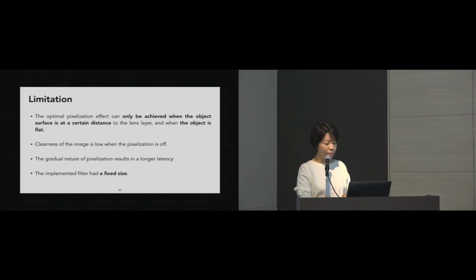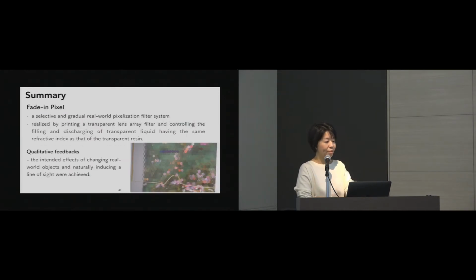Second, there is a problem concerning the clearness of the image when the pixelation is off. Third, this time we emphasized the gradual nature of pixelization, which resulted in a longer latency compared to electronic approaches such as using liquid crystal. Finally, the implemented filter had a fixed size.